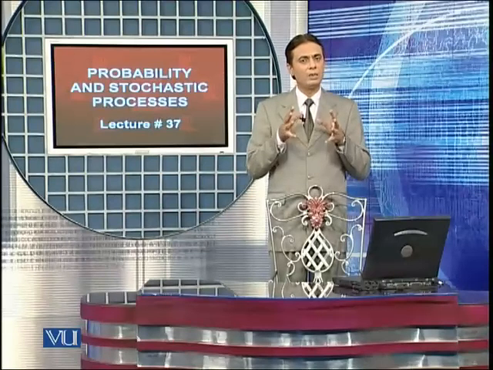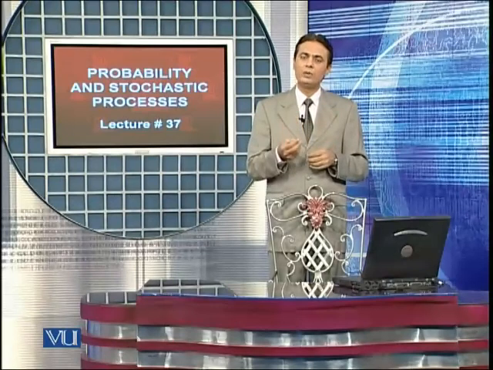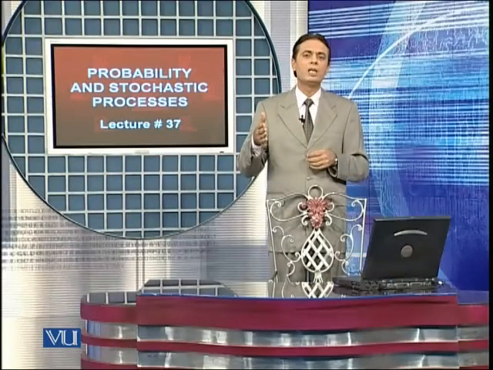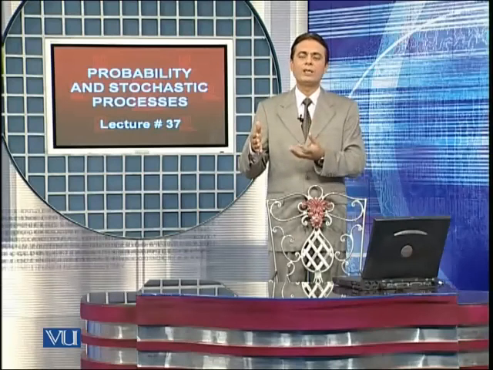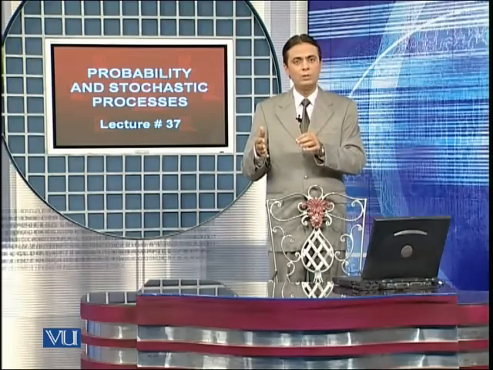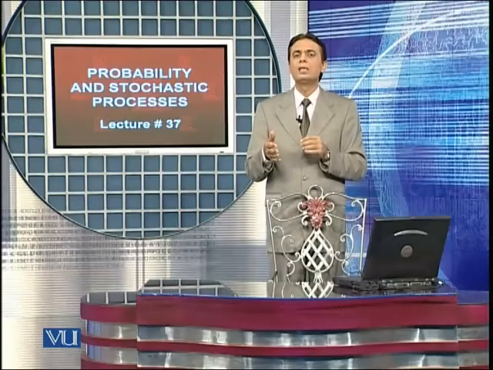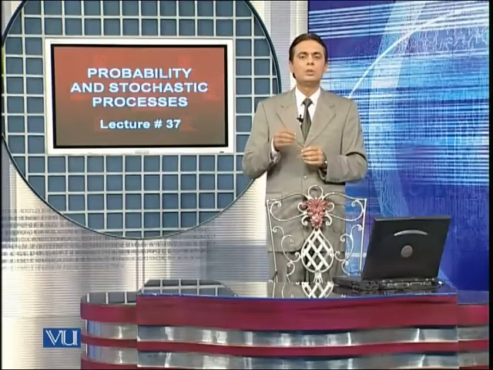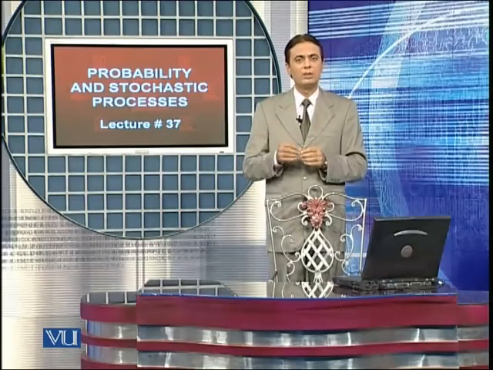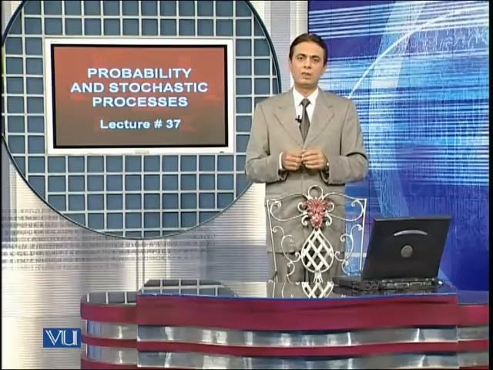But in Markov chains, if we are interested in the value of a certain random variable, say xn, this value is going to be affected by all the previous random variables. But if we know the value of the immediately preceding random variable, that is xn minus 1, that is all we need to know to make a probabilistic model for the behavior of xn, the next random variable.